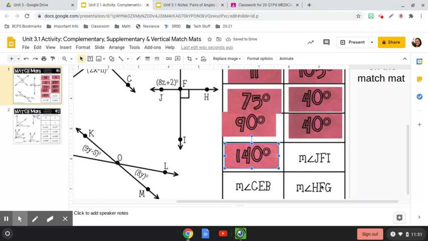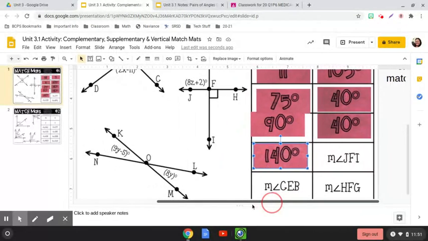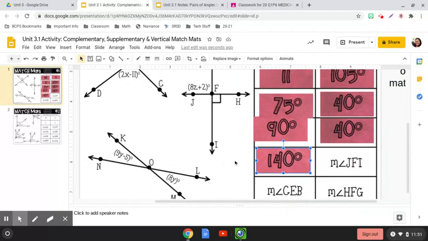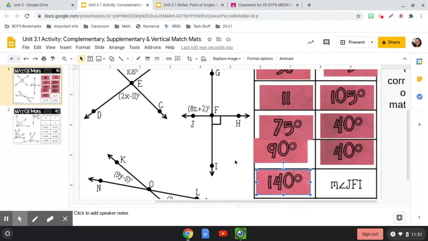Our next problem is the measure of angle JFI. So let's find JFI. So here's angle JFI. F's the vertex, so it's in the middle, JFI. We know we can solve for this linear pair because we've already solved for Z, but we have an easier way.